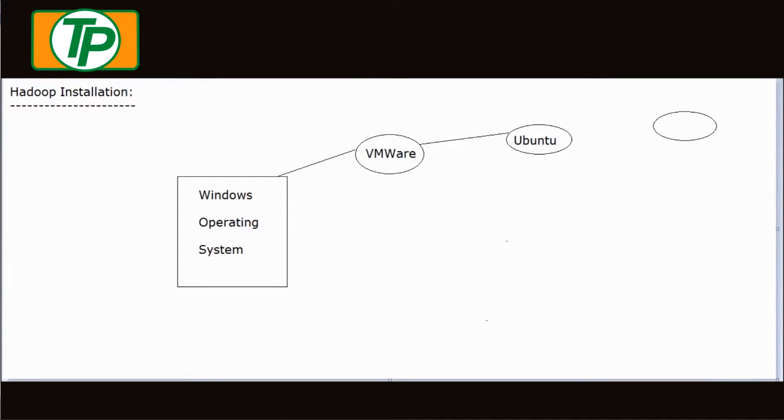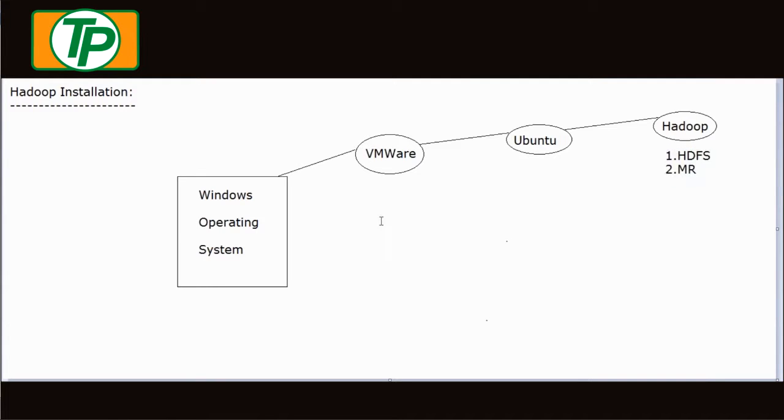On top of this Ubuntu, we need to install Hadoop, our Hadoop software. Once we configure Hadoop successfully in the Ubuntu operating system, we get two internal concepts of Hadoop: one is HDFS and the other is MR.